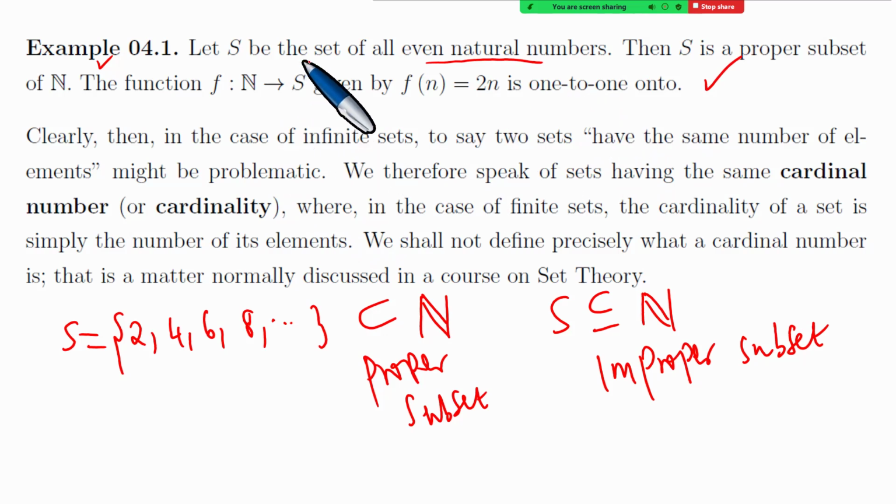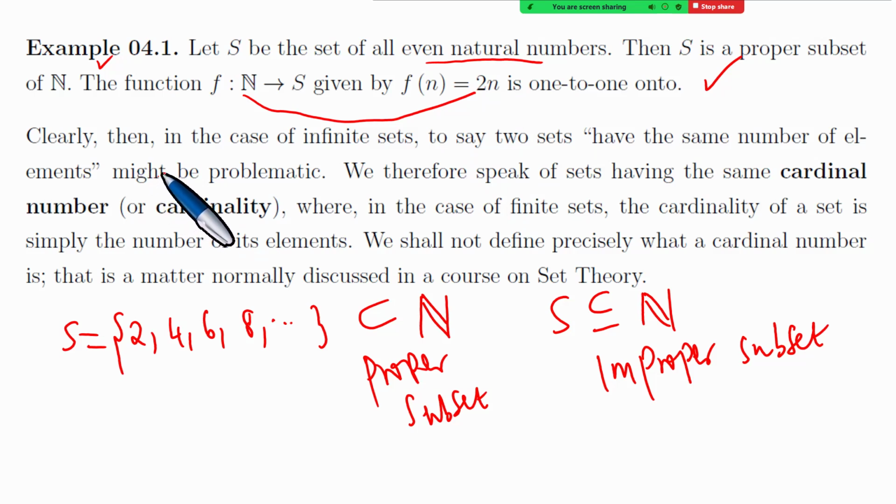If S is the set of all even natural numbers, like 2, 4, 6, 8, and so on, then S is a proper subset of the natural numbers. The function that moves from N to S, f of n equals 2n, is one-to-one and onto.